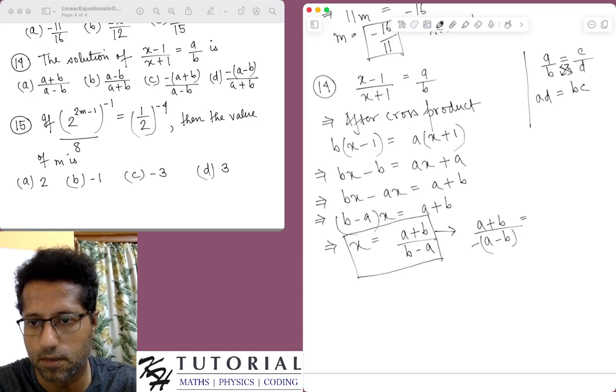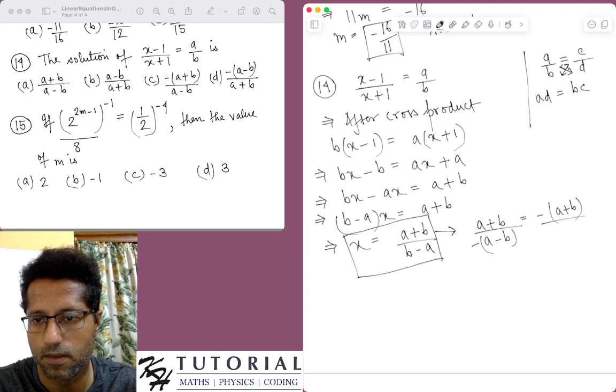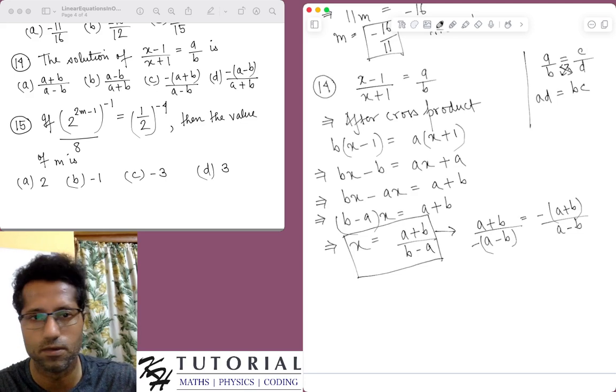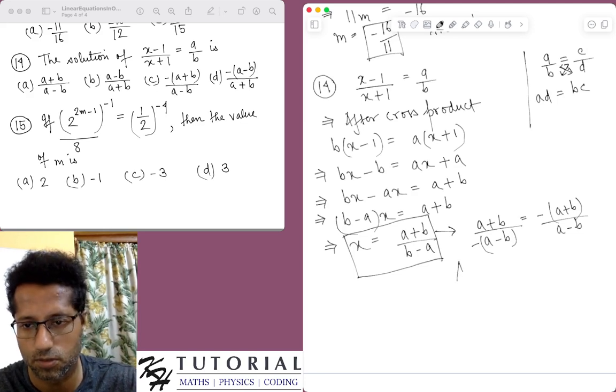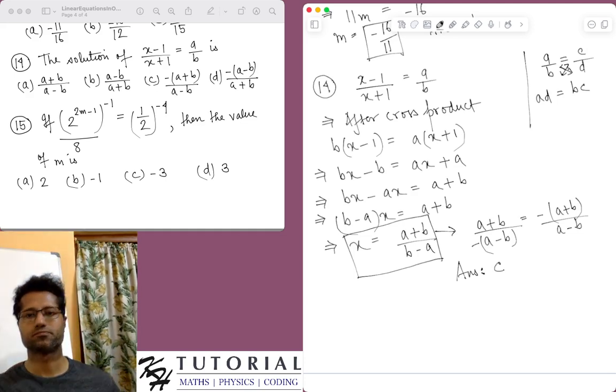This is minus of a plus b divided by a minus b. So this matches with option C. The answer is choice C.